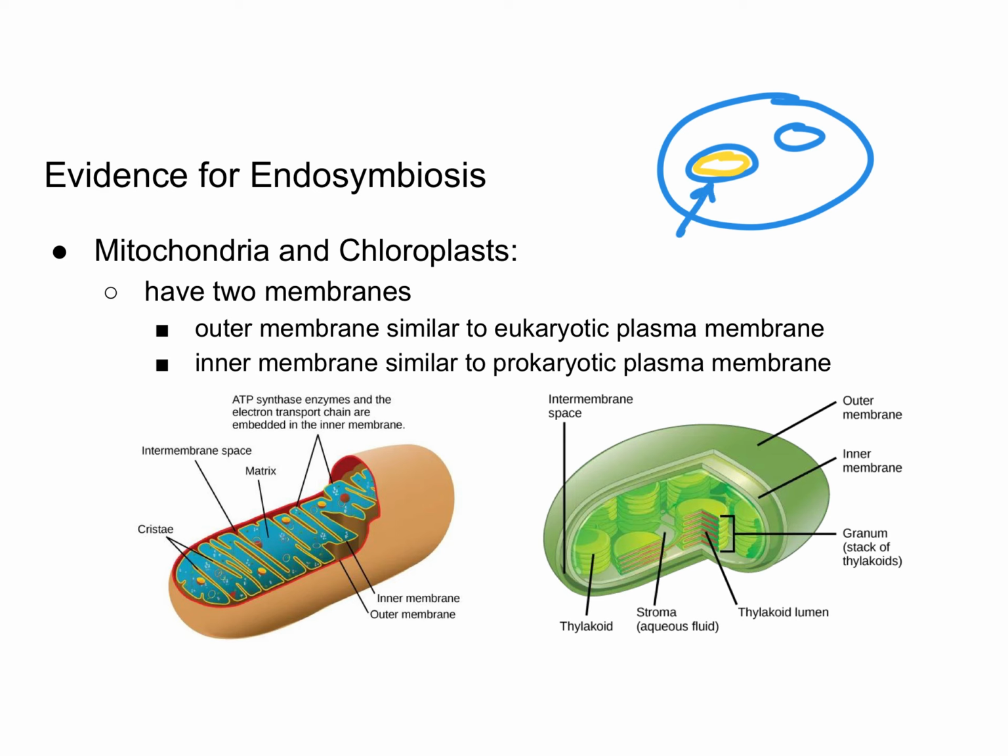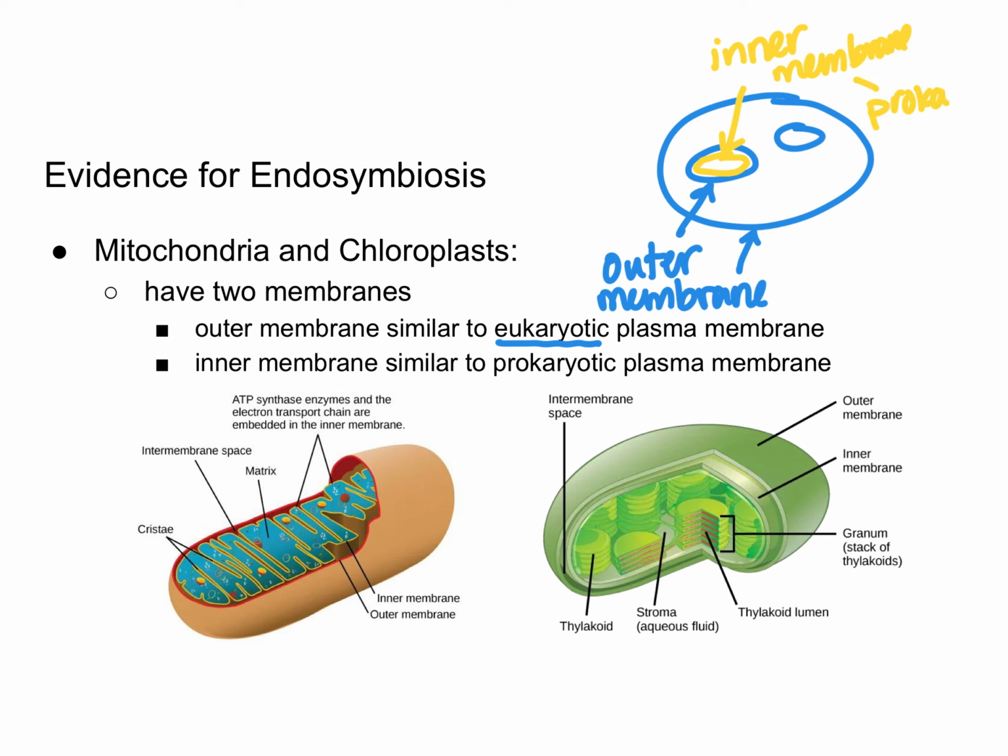So if this is a mitochondria, this would be the outer membrane that came from the engulfing cell that pinched off, and it's more similar to a eukaryotic plasma membrane. And then the inner membrane is from the prokaryote that was engulfed, and it's more prokaryotic-like in structure.